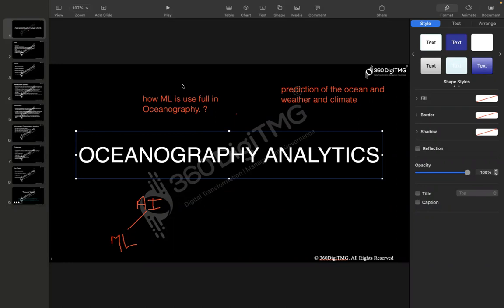So the realistic use in the applications of machine learning algorithms. The main applications of machine learning in oceanography are prediction of ocean weather and climate, habitat modeling and distribution, as I mentioned before, and detecting oil spills and pollution, and wave models.